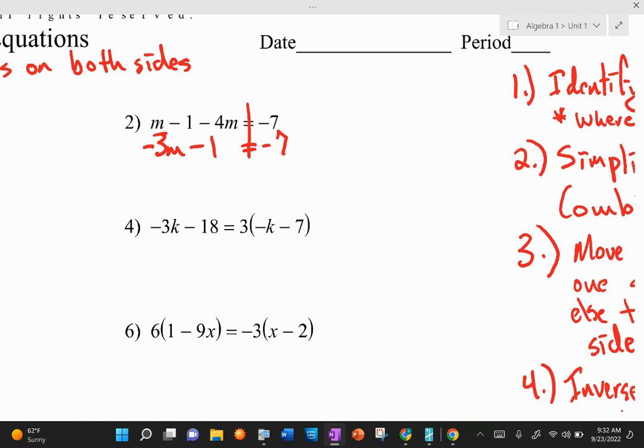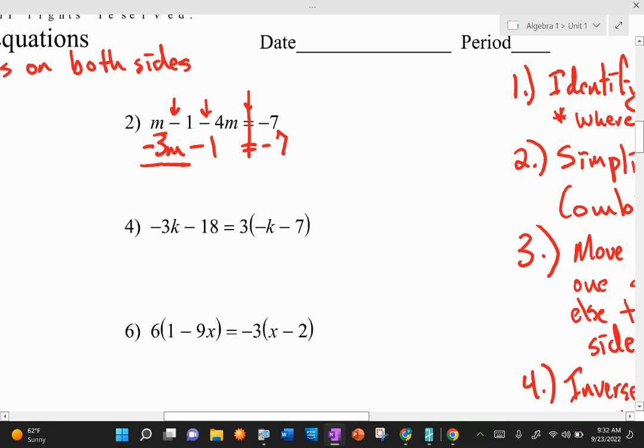Let me show you what would happen if you did the multiplication or the division part first. When you're doing multiplication and division, you have to do that to every single term. Now I've asked this question, but it's been a few weeks. What are terms separated by? Do we remember? They're separated by addition, subtraction, or equal signs.